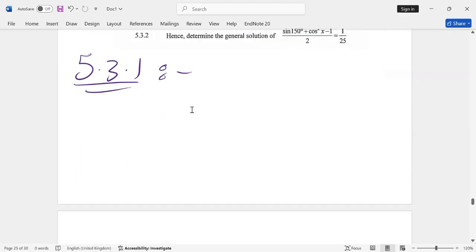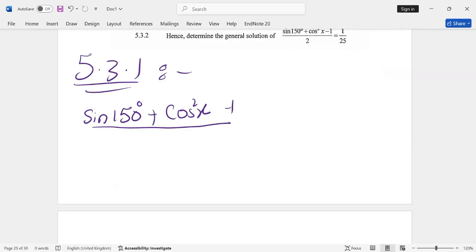The expression we have is sine 150 degrees plus cos square x minus 1, and this is divided by 2.